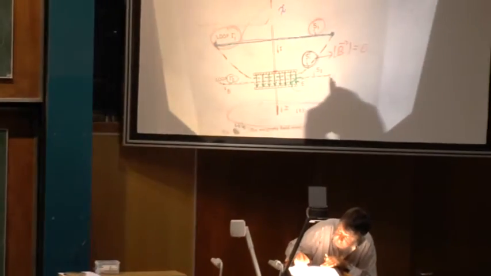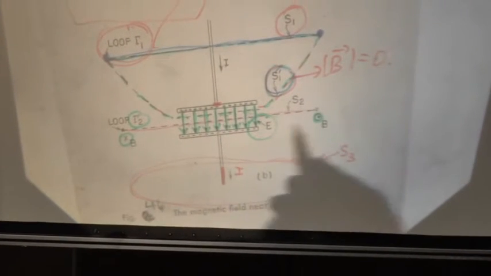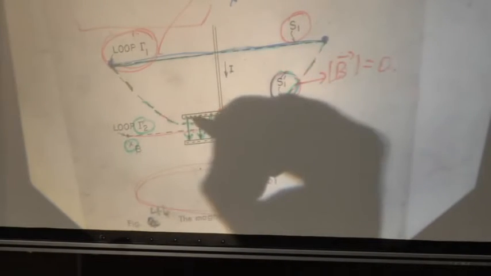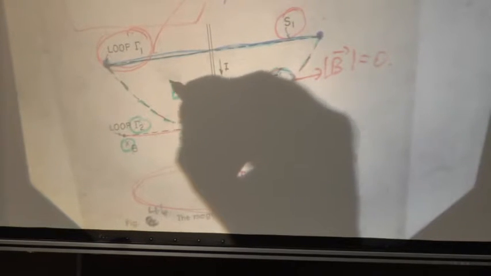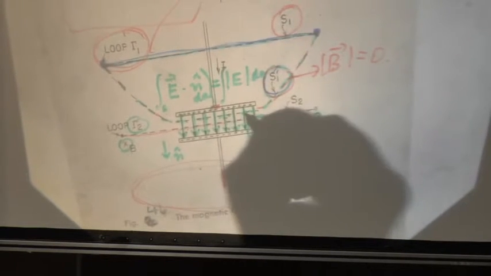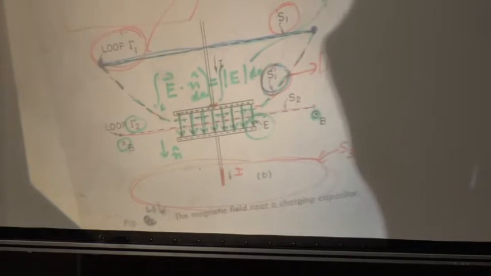If we take this loop gamma 2, representing into and out of the page, and fill it in with a flat surface, clearly the field lines E dot n, well, the surface normal is in the same direction, so this is just the magnitude of E. If I integrate over the area, inside a parallel plate capacitor E is constant, so it comes out of the integral sign.